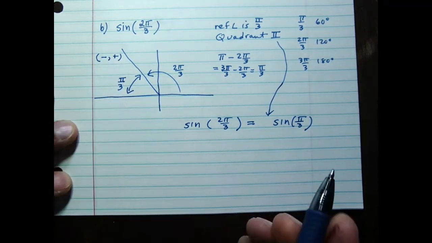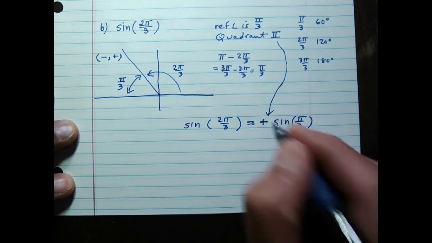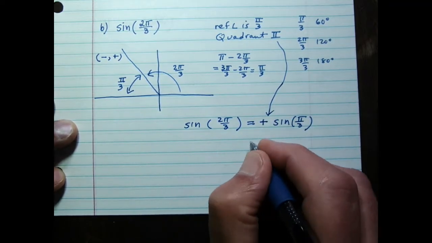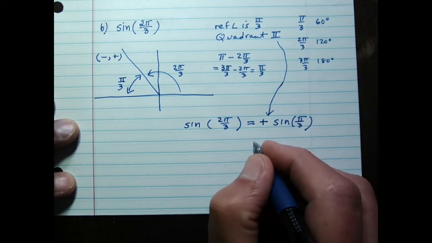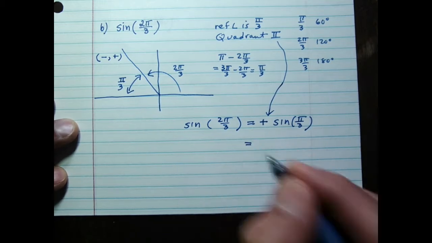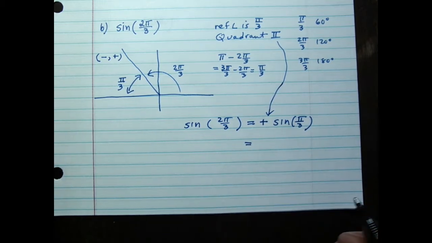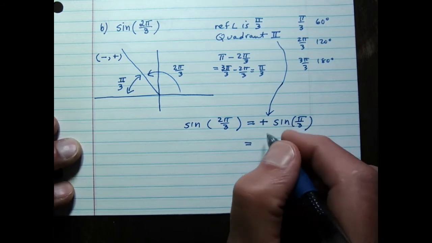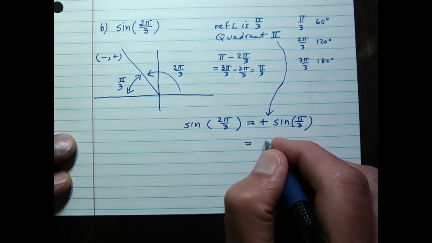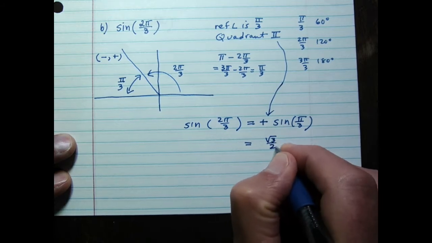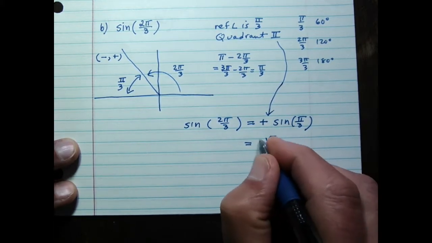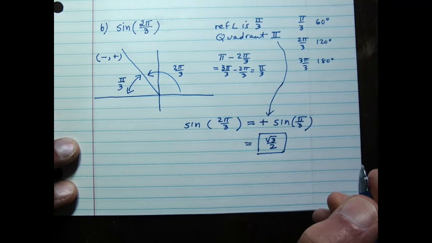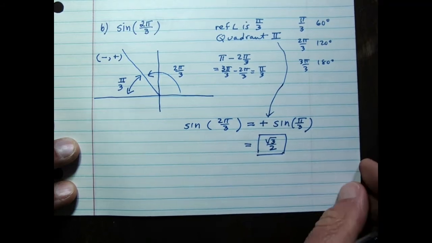Sine is connected to the y coordinate, right? So we know we take plus the sine of pi over 3. Sine of pi over 3 is, I guess I got a square root of 3 over 2 again here. So I'm taking plus square root of 3 over 2. There we got it. We got our sine of 2 pi over 3.